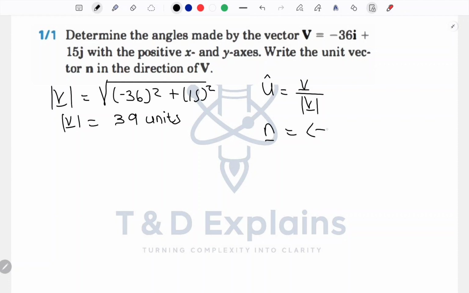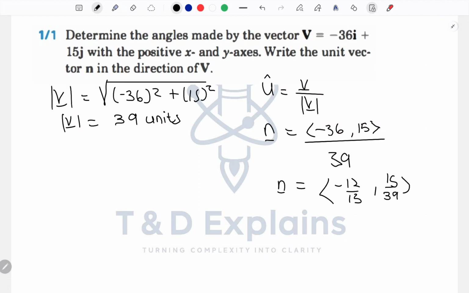It's negative 36, 15. You can also write them in terms of i, j, k. And then the magnitude is 39. So I'm going to say negative 36 over 39. I think it was negative 12 over 13, 15 over 39.